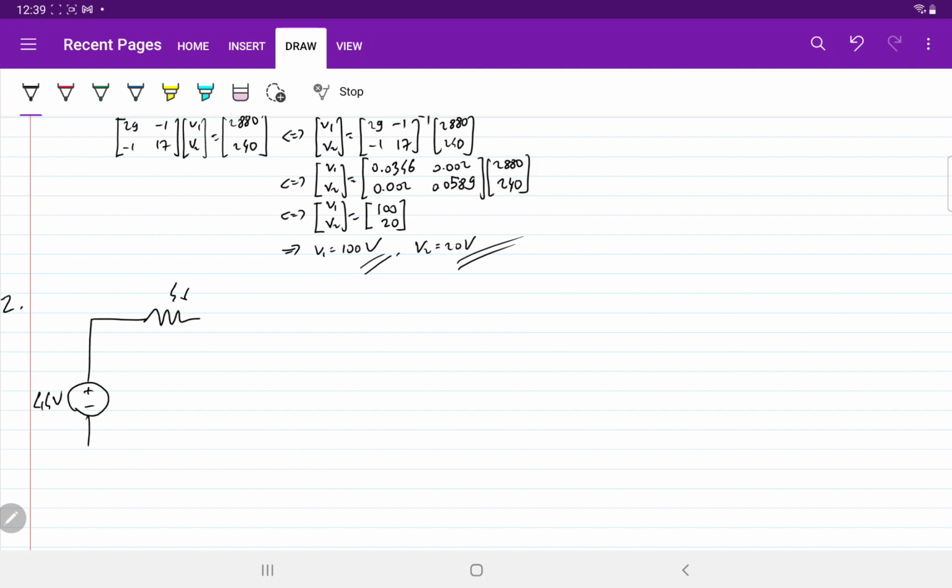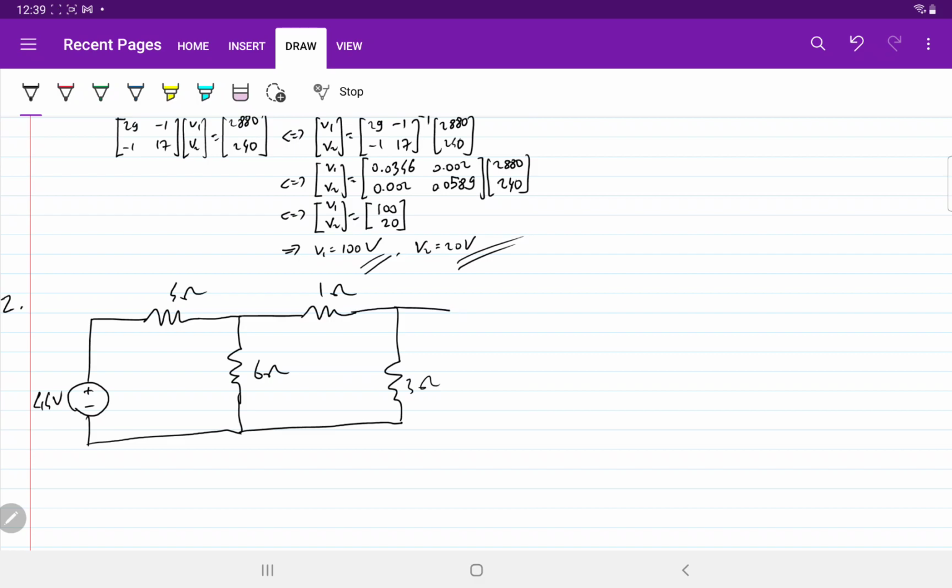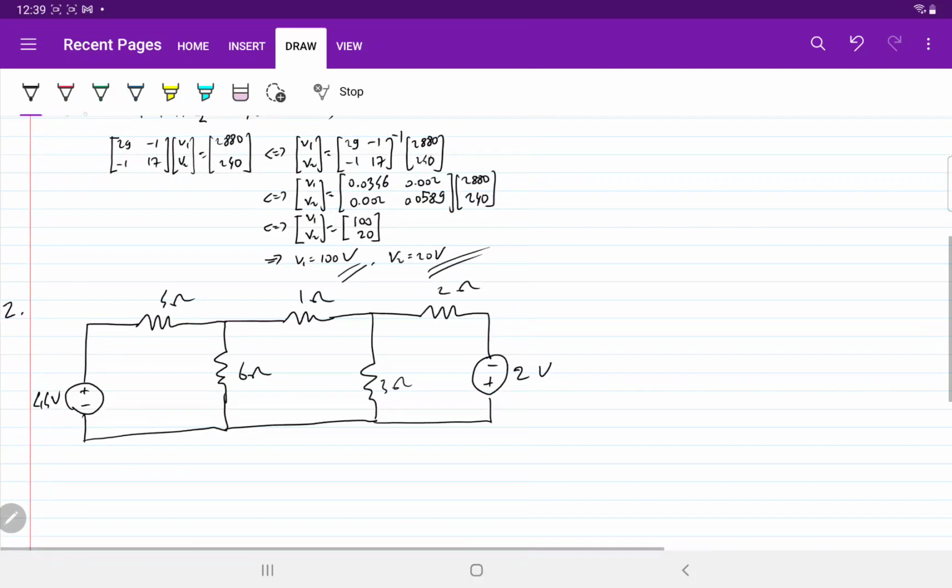We have 4 ohm, 6 ohm, 1 ohm, 3 ohm, 2 ohm, and a voltage source of 2 volts.